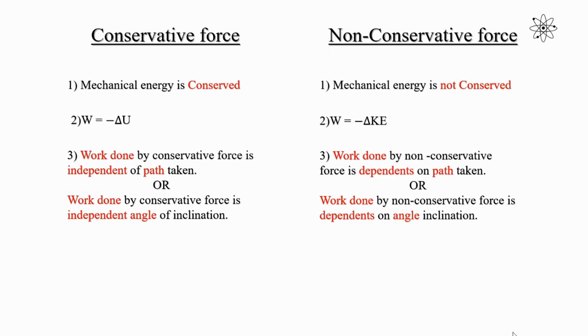But in the case of a non-conservative force, work done depends on the path taken, or depends on the angle of inclination. Work done over a closed loop is zero in the case of a conservative force. Work done over a closed loop is not zero in the case of a non-conservative force.